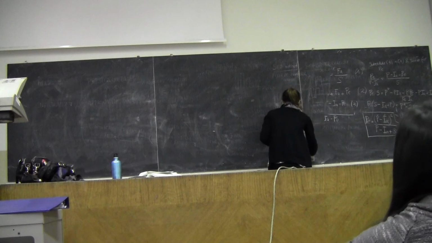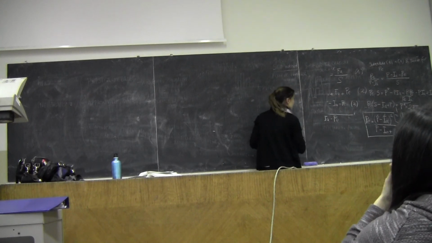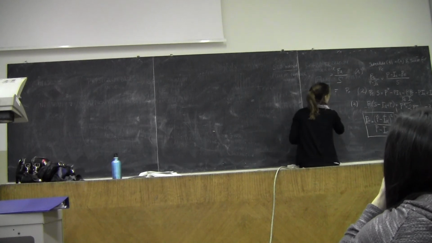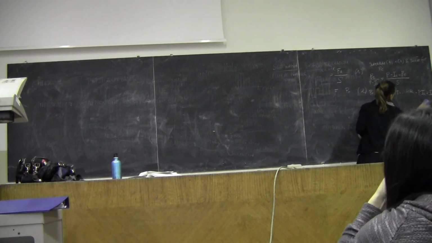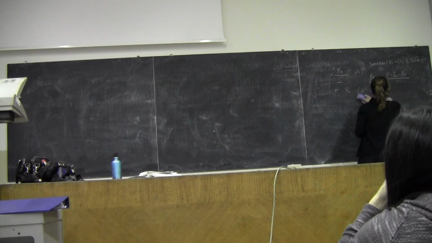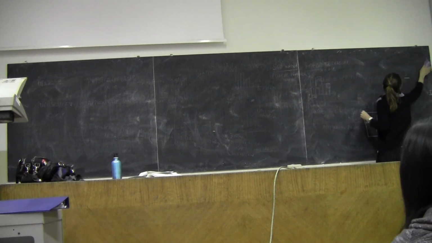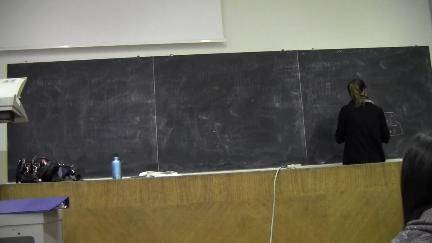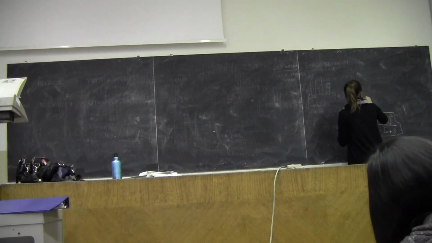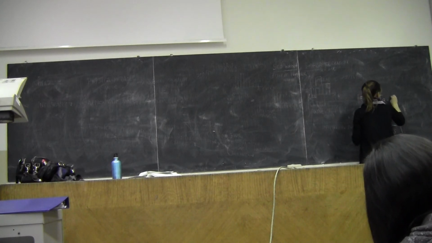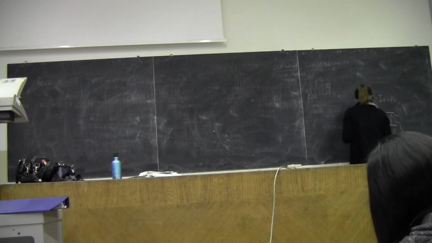Maybe I keep the equations. So we need PE, then we need FA, which is P minus IA minus PE.